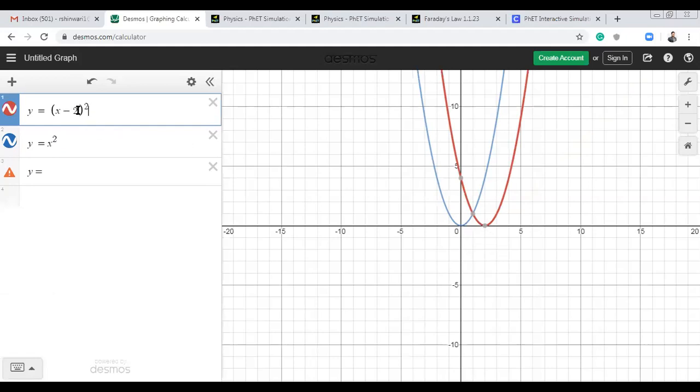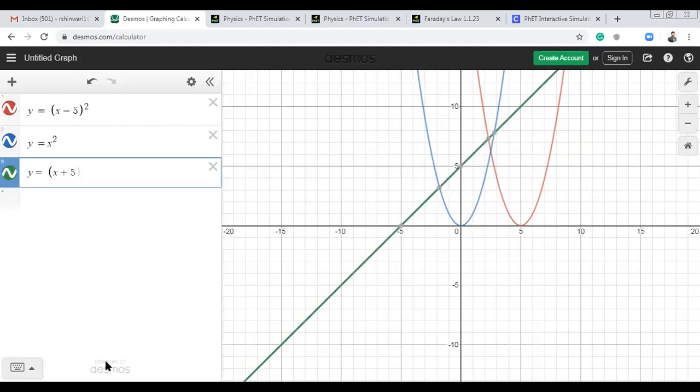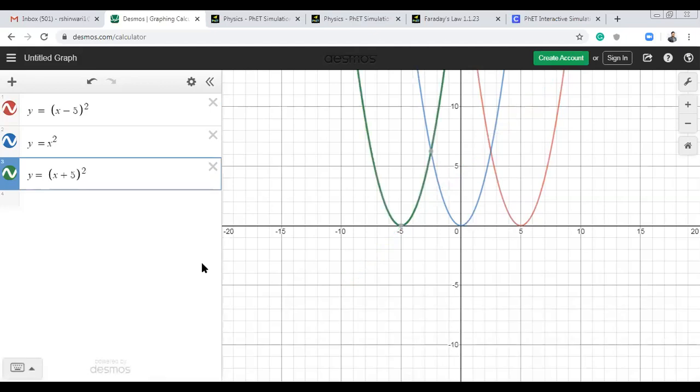For example, x minus 5, you shift the graph 5 units on the right side horizontally. Same, if you add a positive number, x plus 5, then whole square, you shift the graph 5 units on the left side.